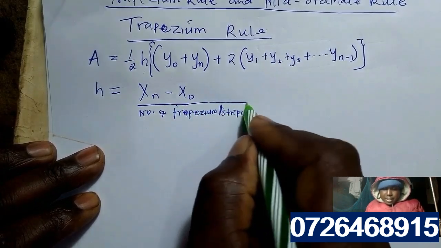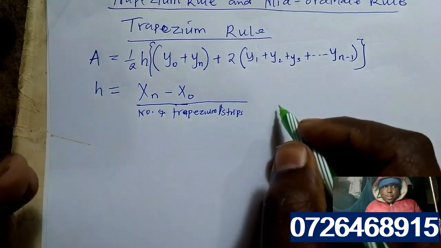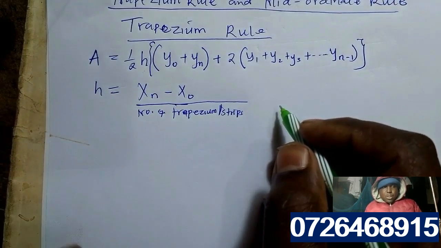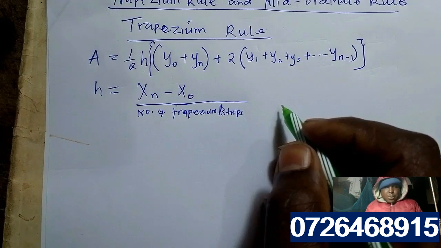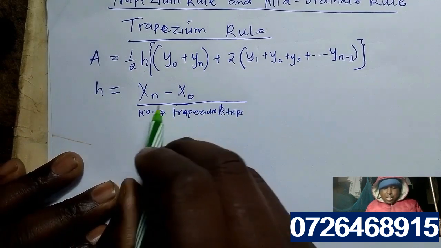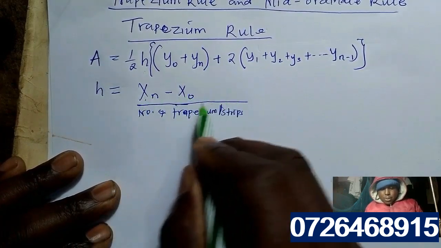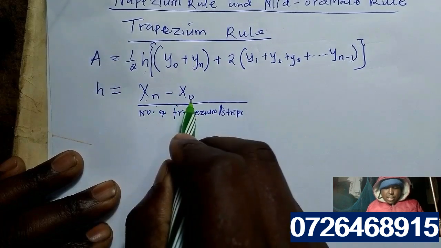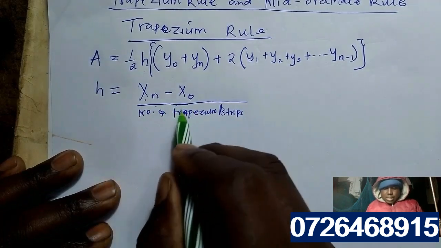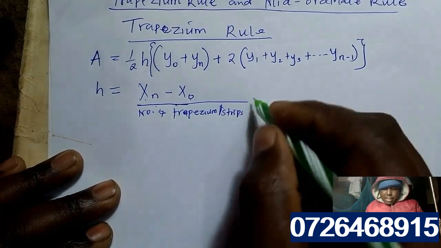When you are given use 4 strips, use 5 strips, use 4 trapeziums, use 5 trapeziums, you just find the final value of x and the initial value of x, and then you subtract. You divide it by this.